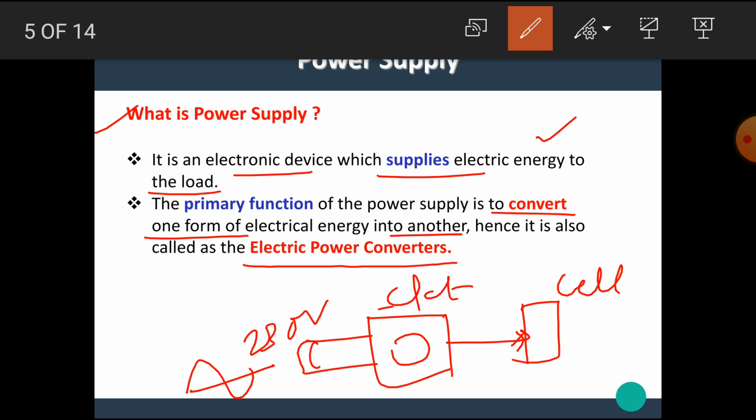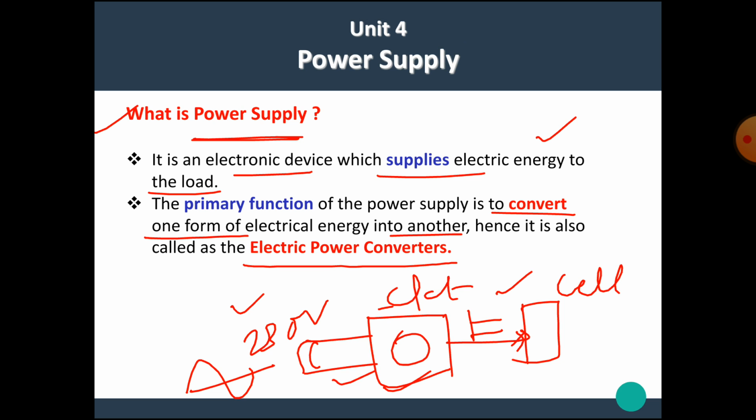Here the circuit converts this 230 volt into DC 5 volt or 12 volt. That means the circuit converts 230 volt power into 5 volt DC power. Hence it is known as the power supply. I hope you all understand.